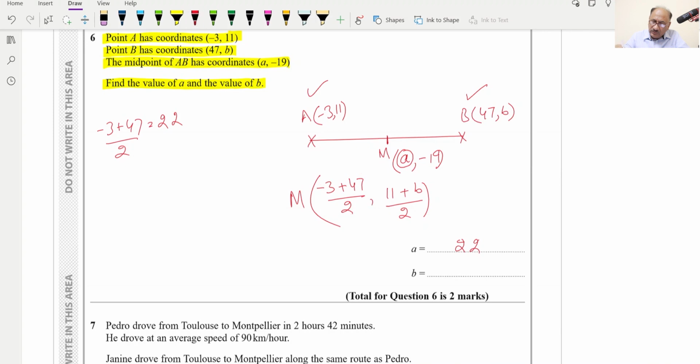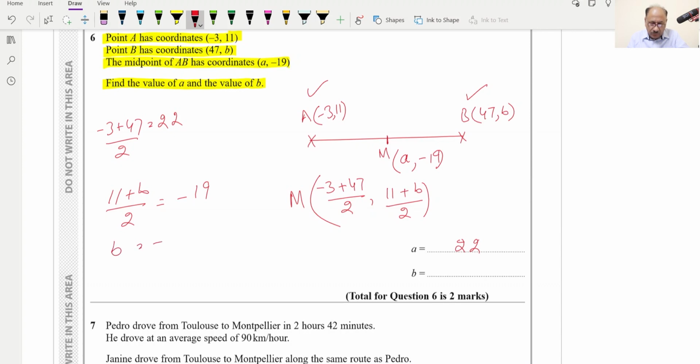Now the second value is what? The second value we can take is (11 plus B) over 2, which is equal to -19, and this we can calculate.